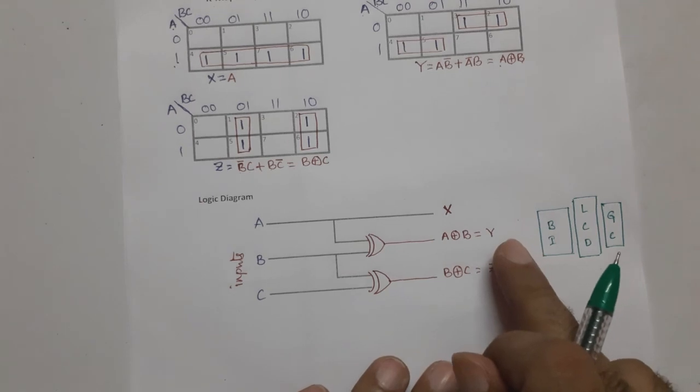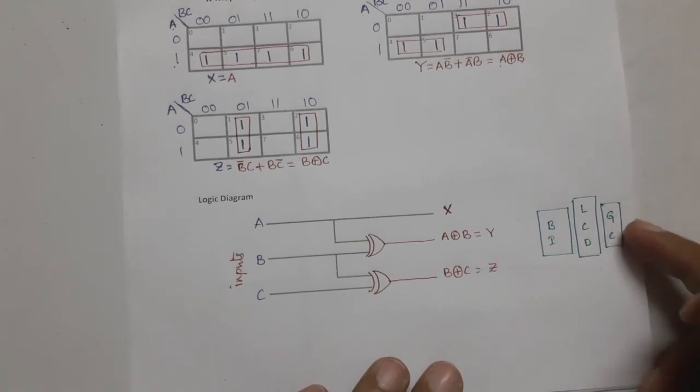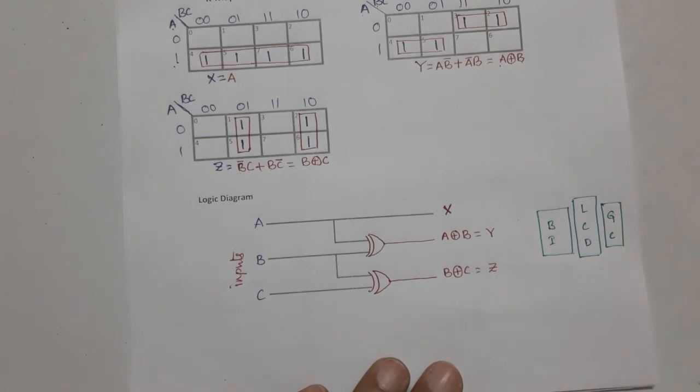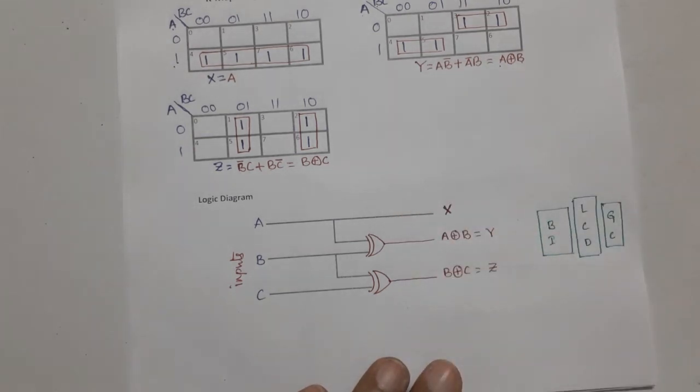Now if we are given a binary input, the output is a gray code. Now here we place this logic circuit diagram. Now this is about this binary to gray code conversion.